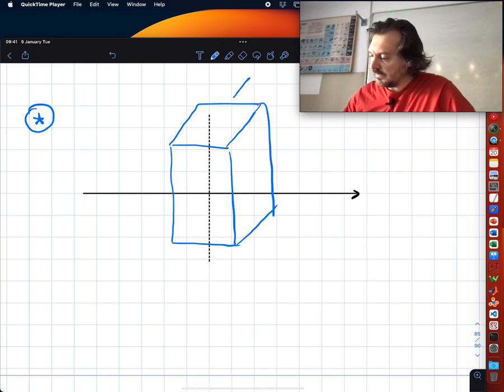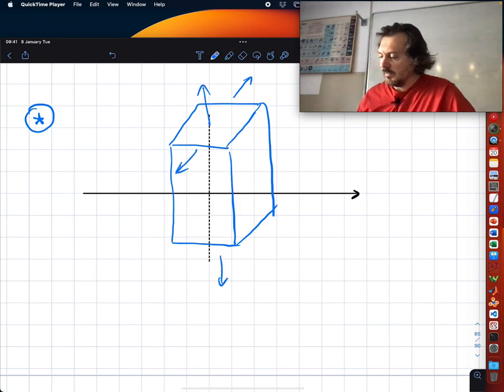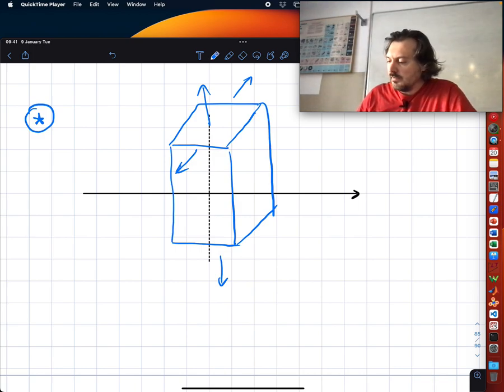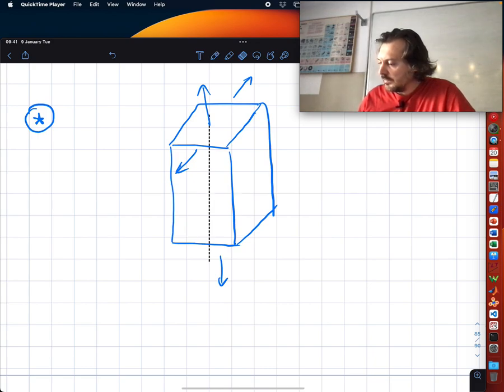It goes to infinity in this direction and in this direction. But between, let's say, these points, should I just remove this one and put it right in the middle?